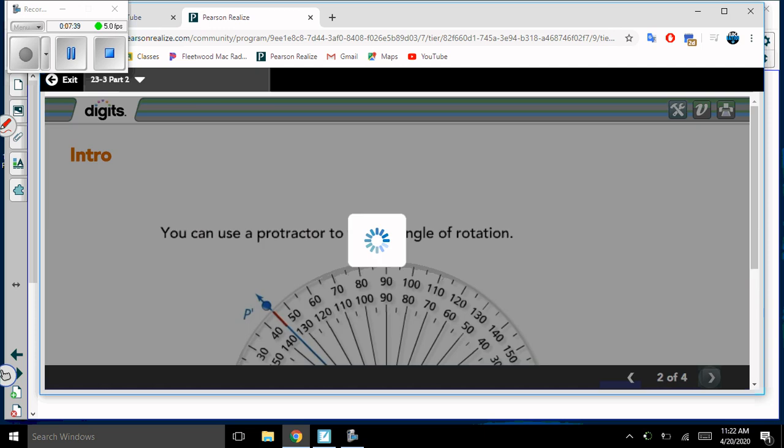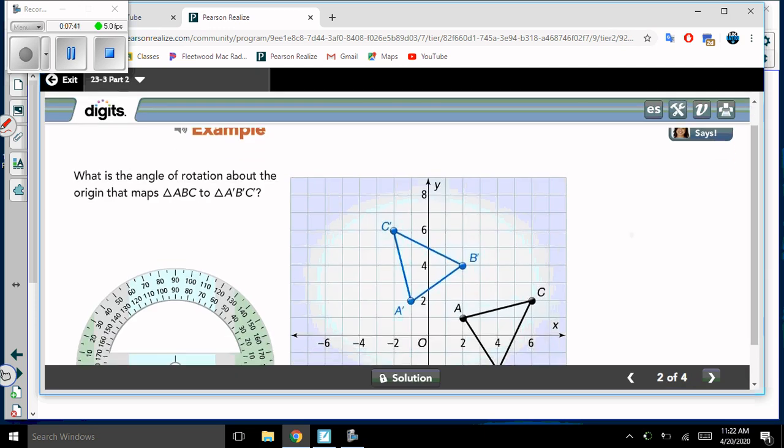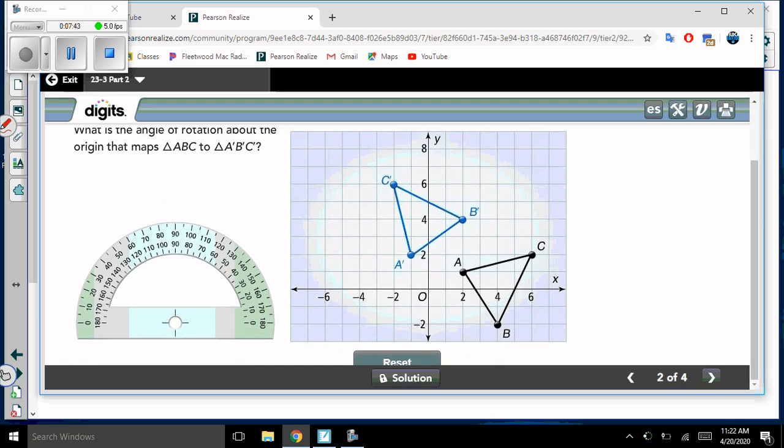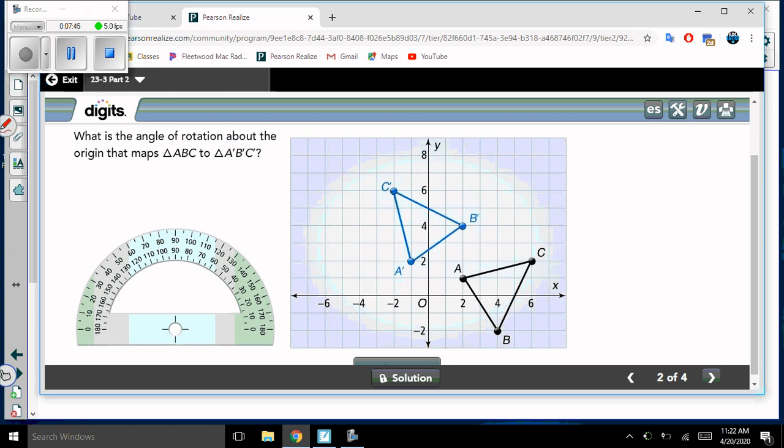All right, so if I take a look at that next piece, they're going to give us one just like that. So what's the angle of rotation in this particular situation? Obviously, we're going black to blue. My angle of rotation is about the origin, as most of these, if not all these problems are.